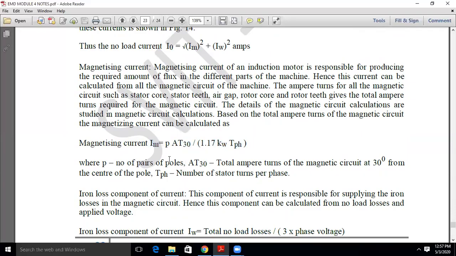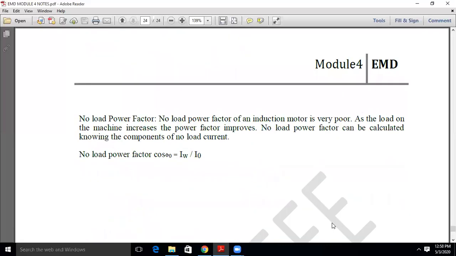P is the number of pairs of poles, AT30 is the total ampere turns of the magnetic circuit at 30 degrees from the center of the pole, and Tph is the number of stator turns per phase. Now the iron loss component: this is the formula for the iron loss component, that is the total no load loss divided by 3 into Vph.